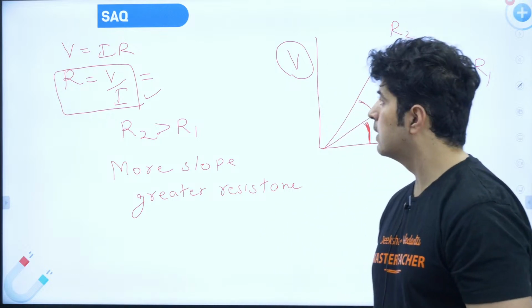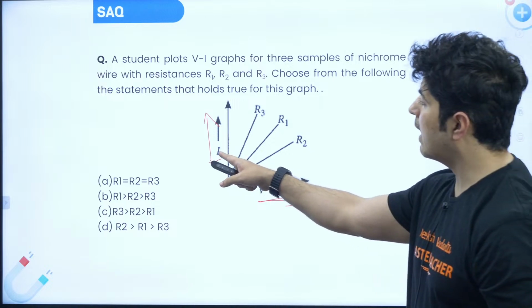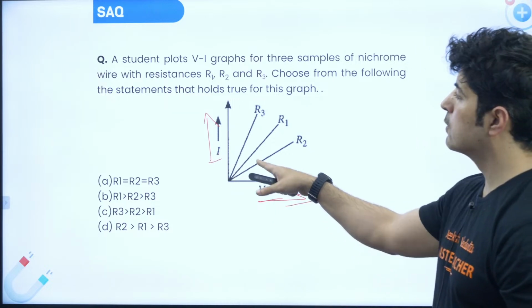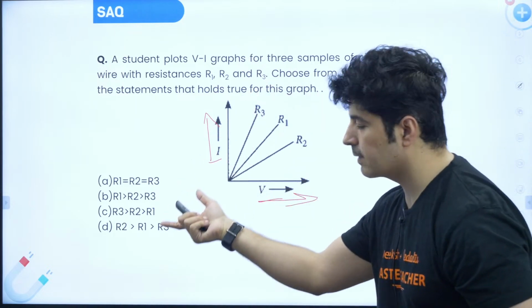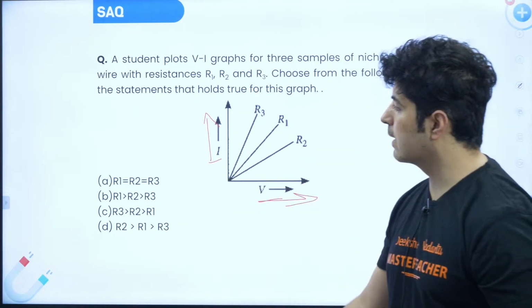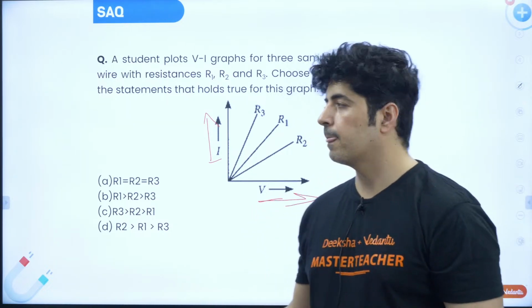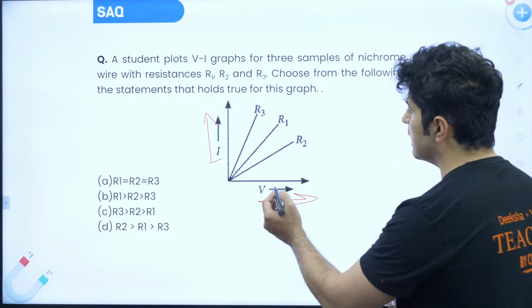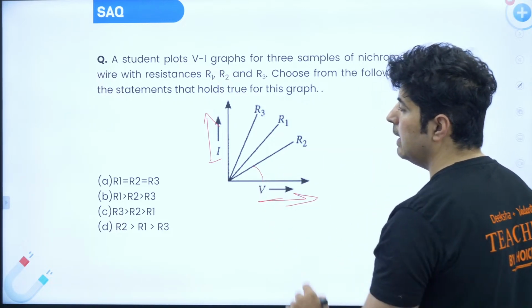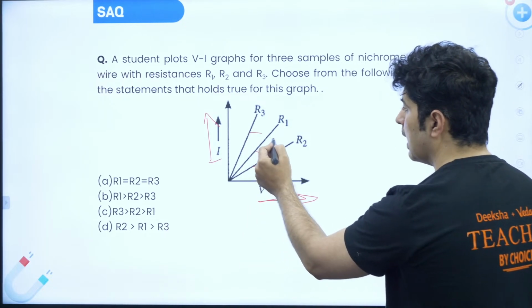Okay, so let's go back to our problem. What does it say? We have I over here, V over here. So whichever has less slope, the resistance will be more. Now what is the answer over here? Come on, in my comment box, everybody. You see I over here, V over here. So I can clearly see R2 has the least slope, then R1, then R3.